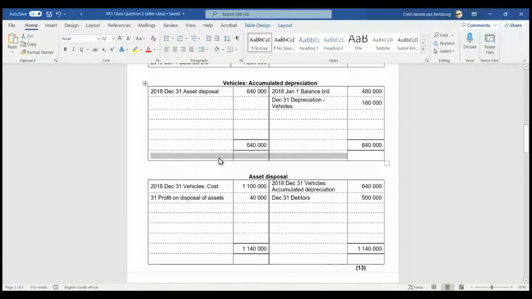Remember, we have disposed of the old vehicle. We have not depreciated the new vehicle yet because we only bought it on the very last day of that financial year. So that new vehicle will only be depreciated in the next financial year. Okay, so we've got that. That is exactly what we are disclosing. It has a zero balance.